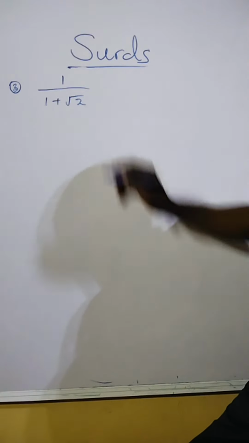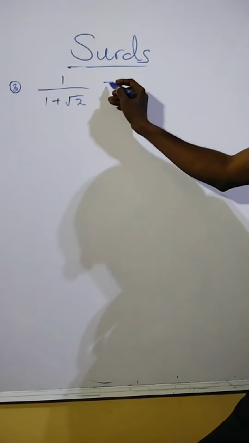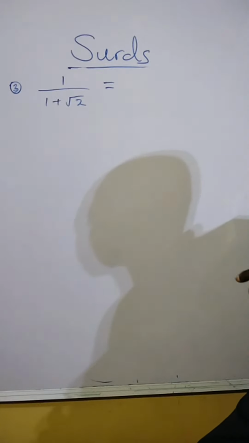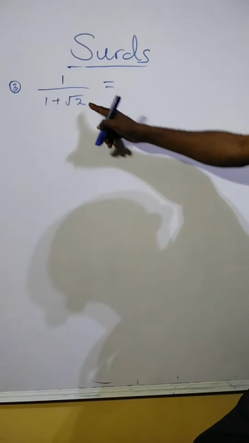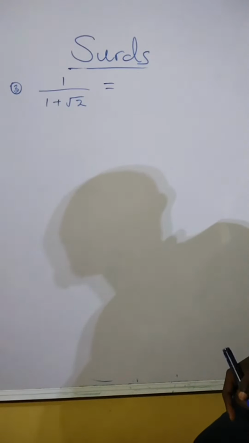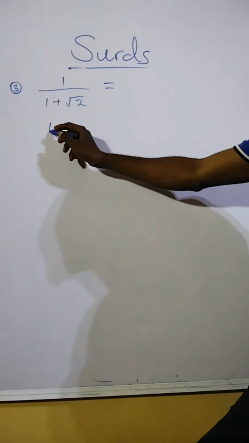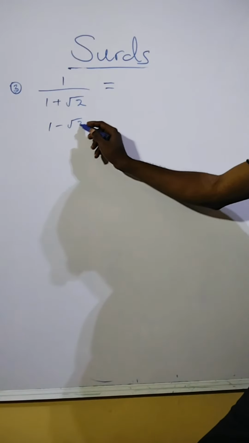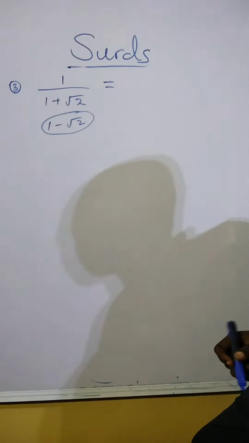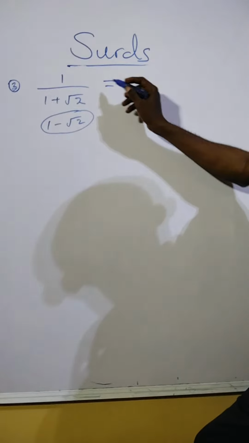So this is actually a simple one as well. So to rationalize this here, multiply the numerator and denominator by the conjugate of the denominator. That is, the conjugate, so there we have 1 minus root 2. So use this now to multiply these two numbers.